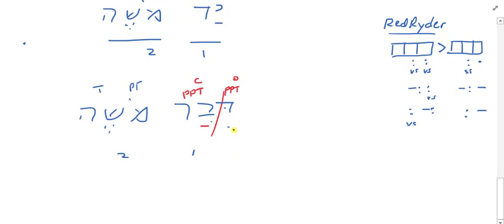Now once I've done that, can I leave my dividing line here? No, because I can't divide vocal shavas from the rest of the word, right? So once that happens, I would not be able to divide that. That dividing line is there before we have done the reductions.